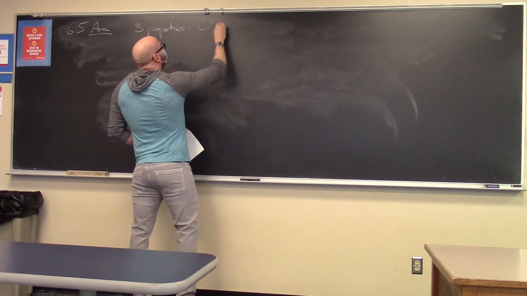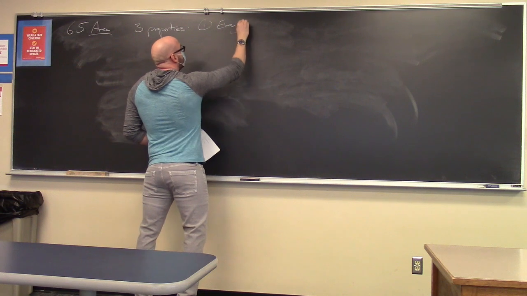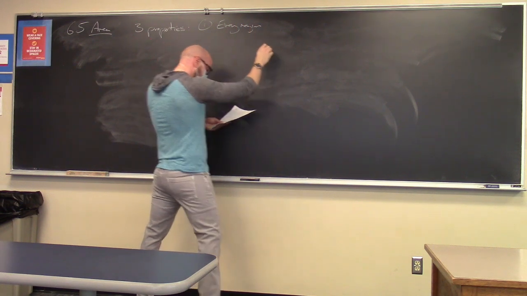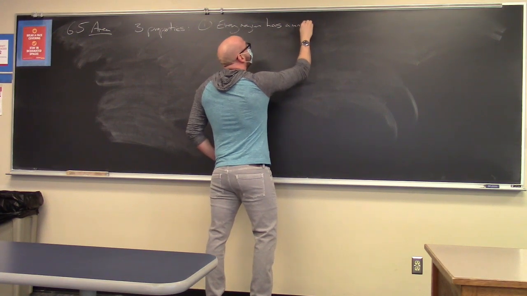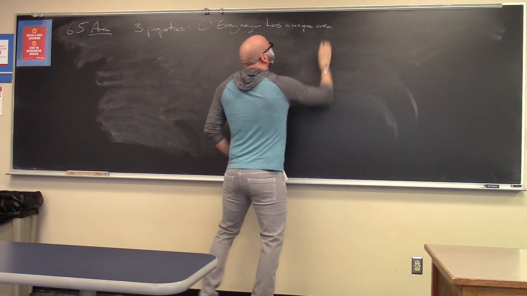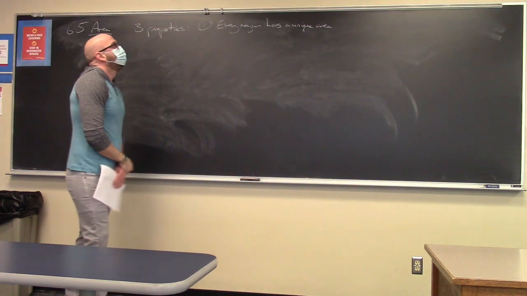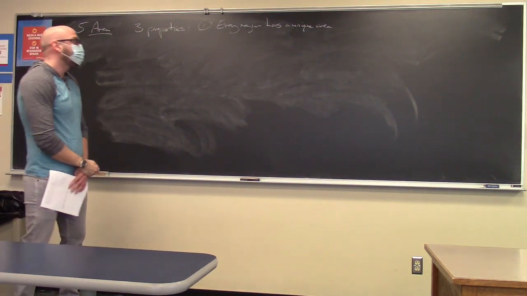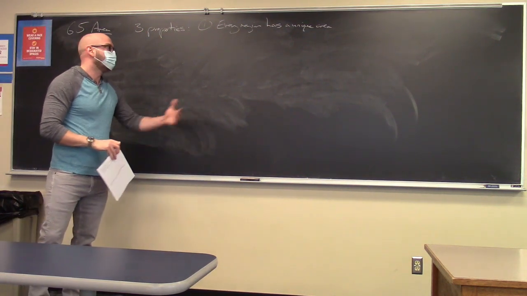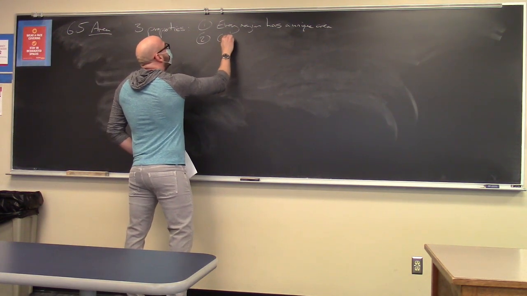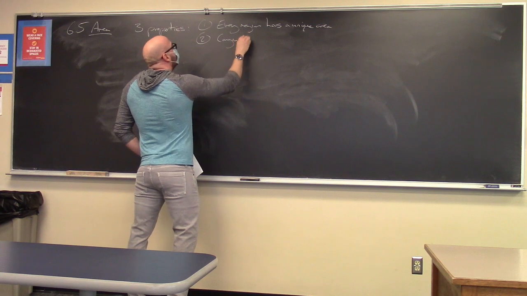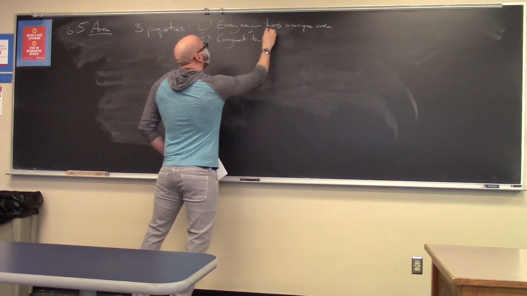So one, every region has a unique area. So no matter what you define your area to be, it should give you a unique value for every given region. Two, congruent triangles all have the same area.